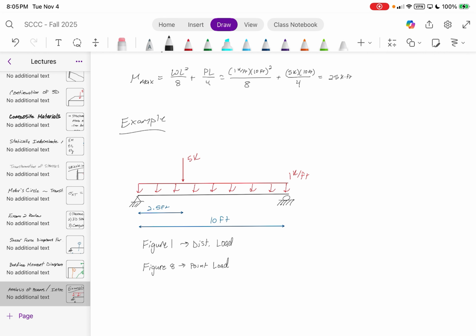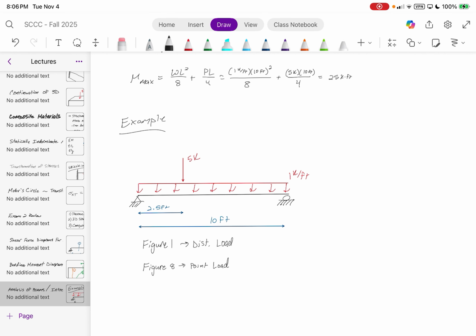Where does M max occur for figure 1, for the distributed load? At the center. But what about at the point load? Would it be with the load, like the point of load? Exactly. It says right there, at point of load. Now, do the center of the beam and the point load coincide with each other? Do the M maxes align at the same position?